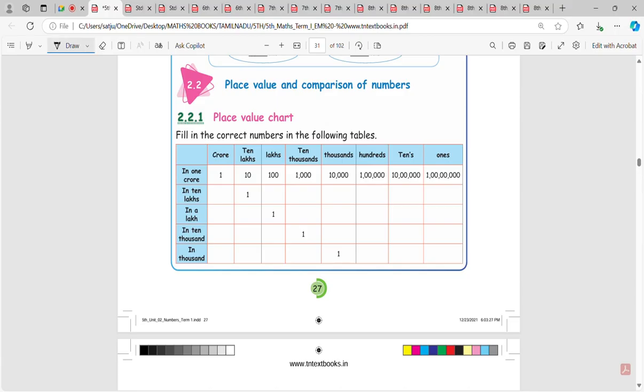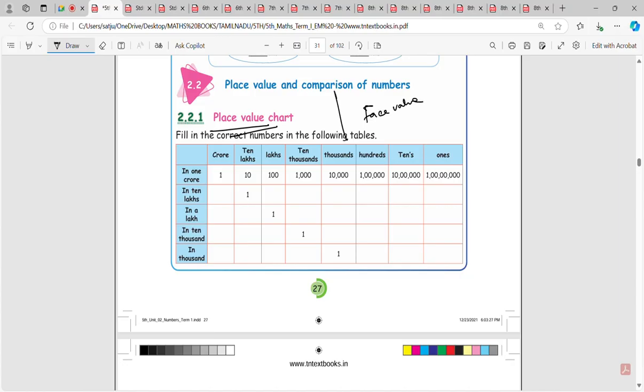Let me tell you what you mean by the place value and the face value. You need to know about this too. Suppose let us take 2, 3, 6. Face value means whatever the digit is, the face value is that digit only. The face value of 6 is 6 only, of 3 is 3 only, of 2 is 2 only.